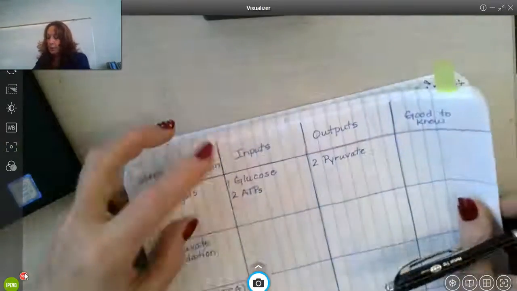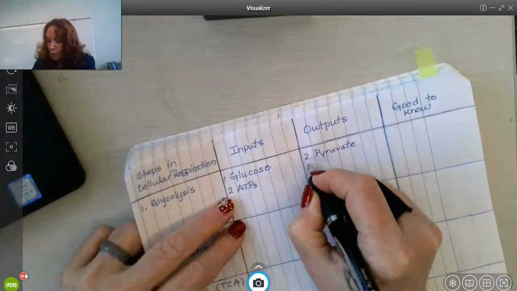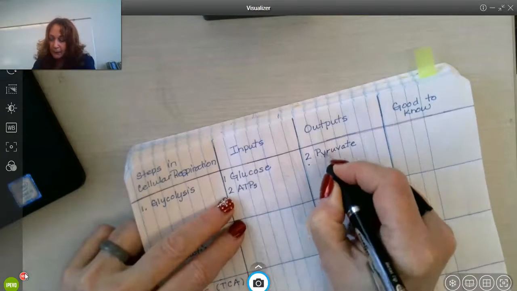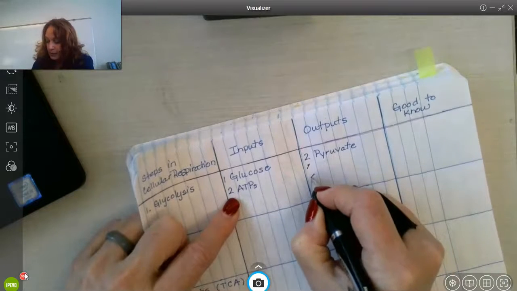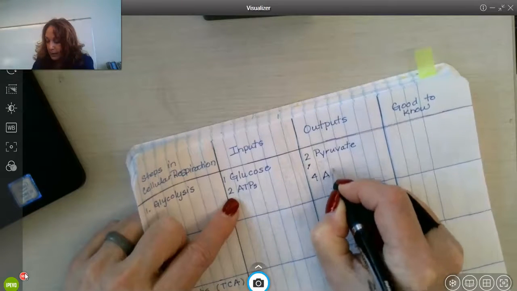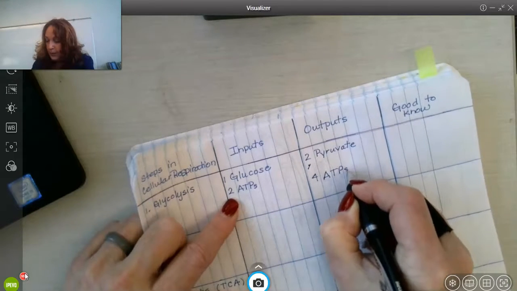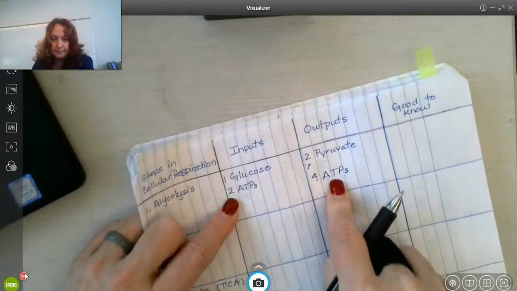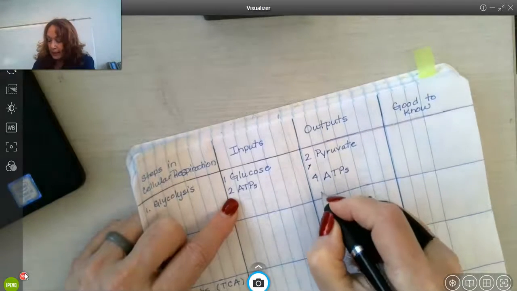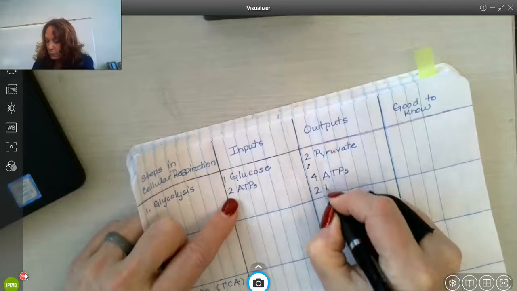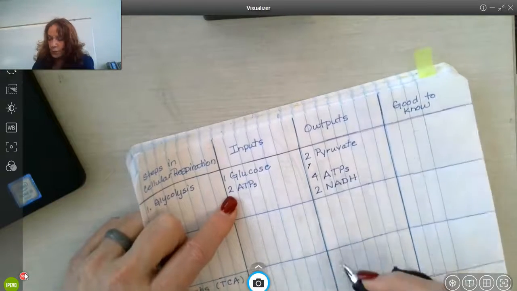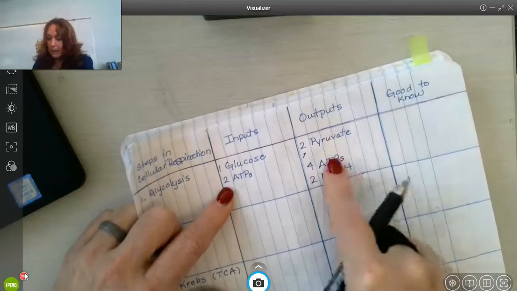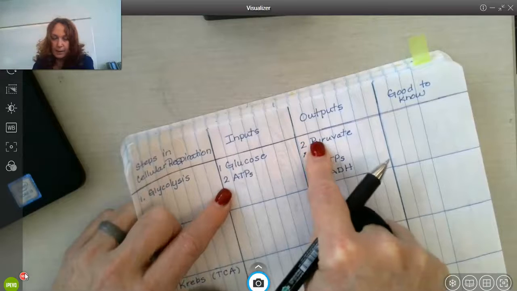So we'll come over here and put, so we had 2 ATP for each pyruvate. So that's going to be, I'm going to skip a space, and I'm going to write it right here. I'll create 4 ATP, and then I also created 2 NADH through the electrons from this bond breaking.